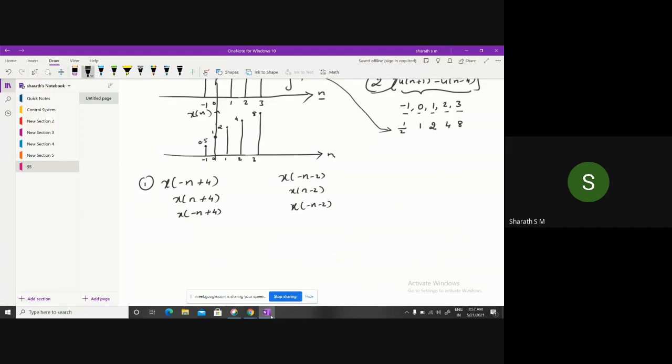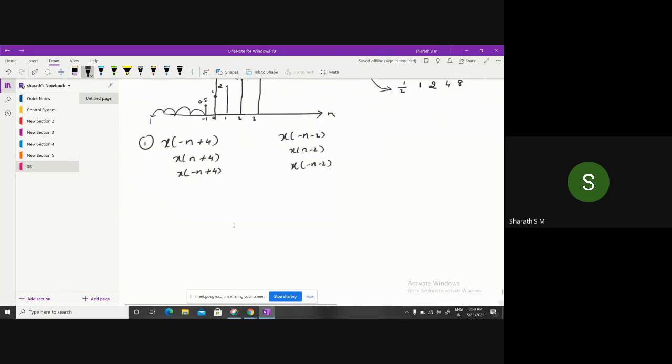So minus 1, minus 2, minus 3, minus 4, minus 5 comes. So minus 5, minus 4, minus 3, minus 2, minus 1, 0.